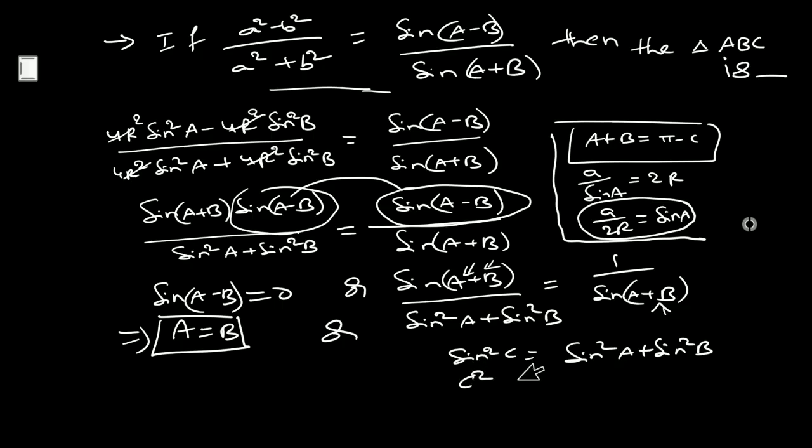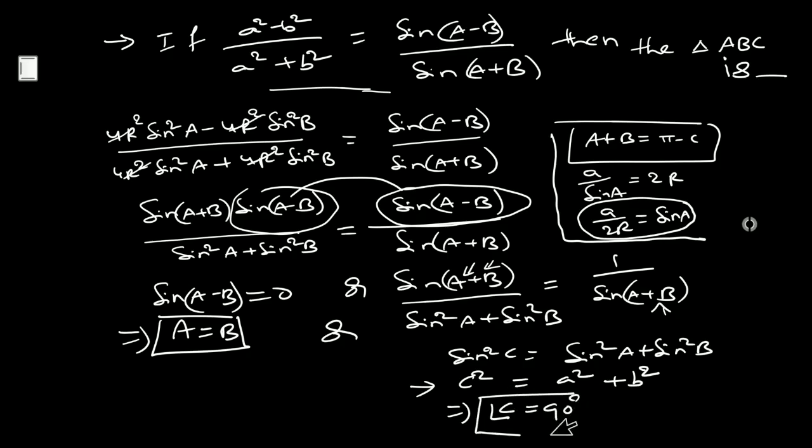So c square by (2r) whole square, a square by (2r) whole square, b square by (2r) whole square. If you take (2r) whole square common on the right side, you can cancel that with (2r) whole square on the left side in the denominator. I think it is very clear for you. Finally you will get this. If you see this, it happens in a right triangle. That implies angle C is 90 degrees.